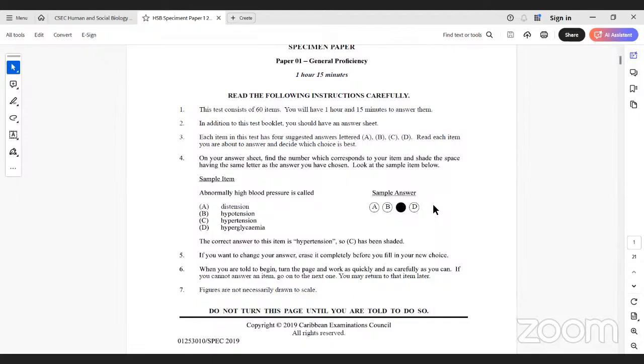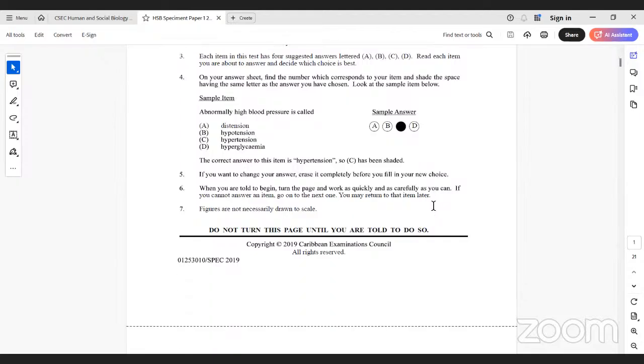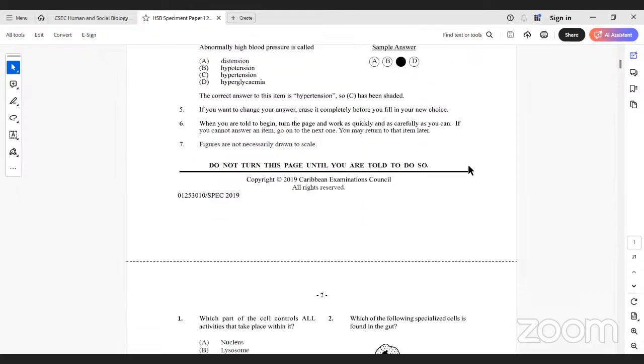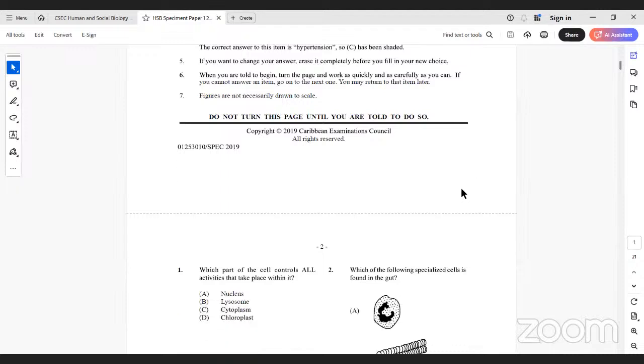So it's not a human marking these. They just push it into a computer and it spits out the result depending on your shading. Sometimes pen throws it off.